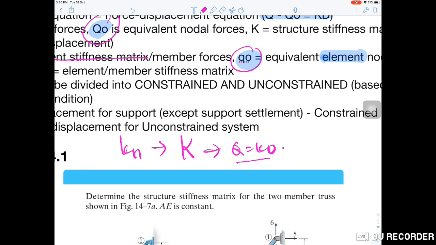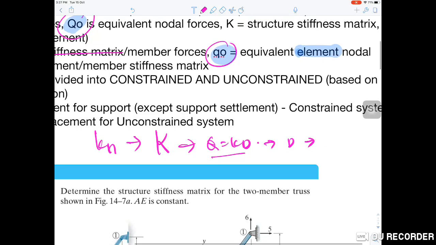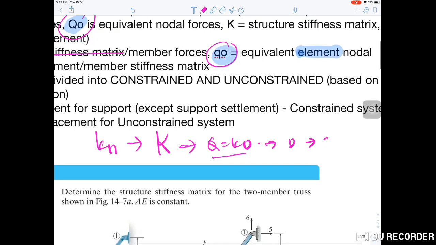After we establish the structure stiffness equation or force displacement equation, we will establish the unknown displacement, and after that we will establish the reaction at the support, and finally for truss we will determine q.